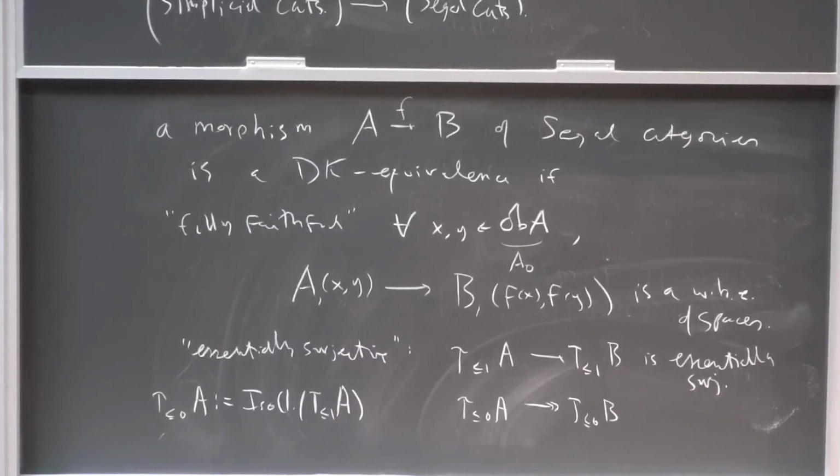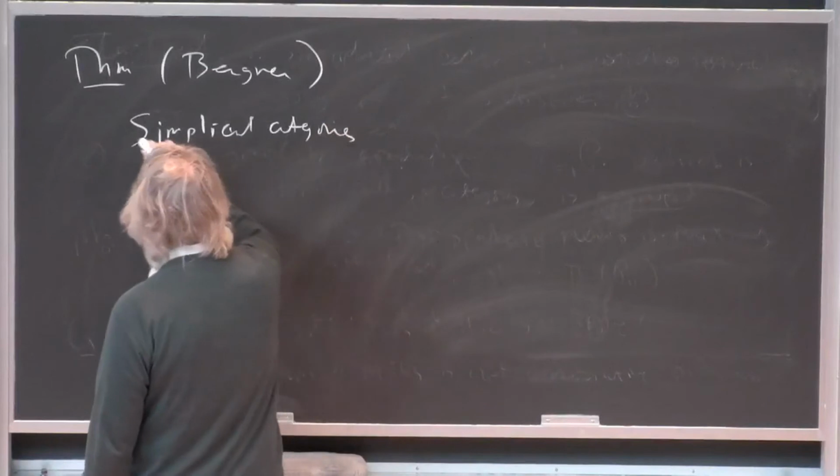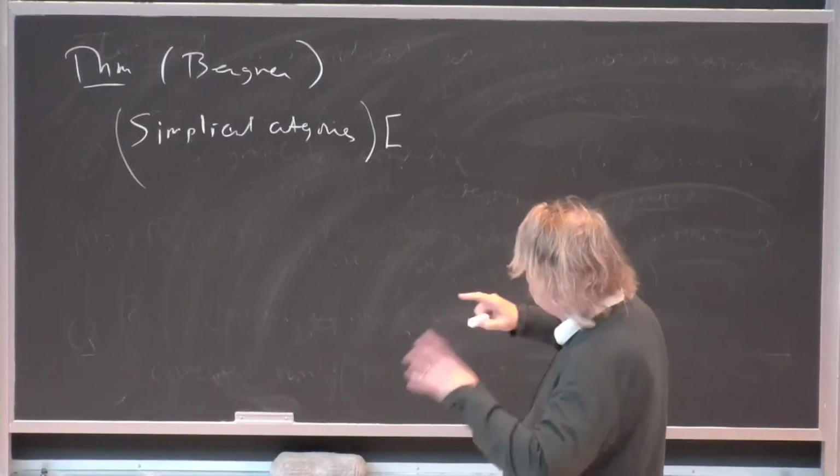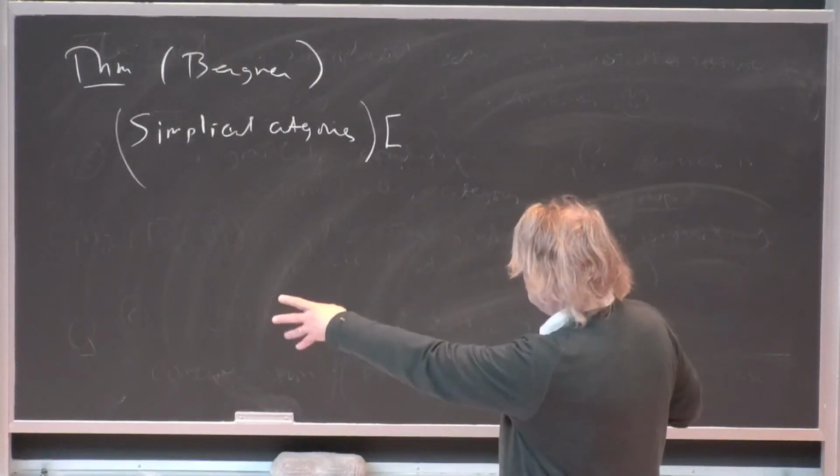Now, I can actually state the theorem right away, but you need some extra stuff to actually do this. But running a little late on time. The theorem, I think this is basically due to Julia, says that if we take the category of simplicial categories, and it would actually be a good idea, as you guys now know, to take the Dwyer-Kan localization of the simplicial categories by this class of weak equivalences.